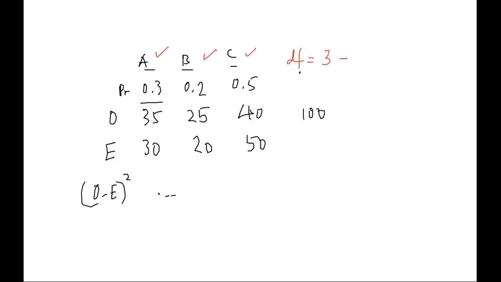Subtract, how many parameters have you estimated here? None, right? There's no estimation involved. You don't use the data to actually estimate any parameter because these numbers have already been given. So there's actually no loss here. And then you subtract 1 at the end.